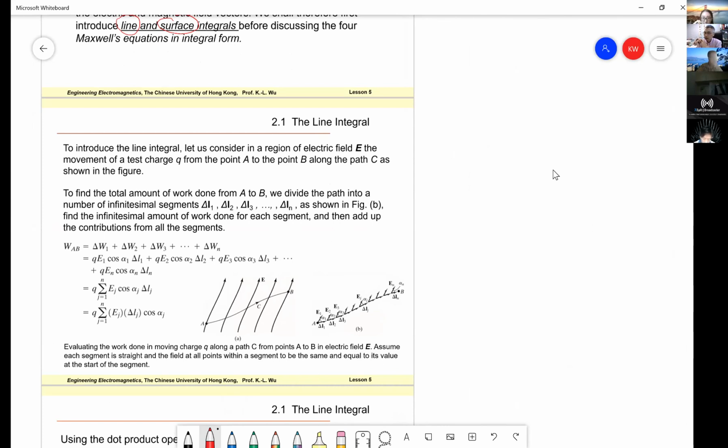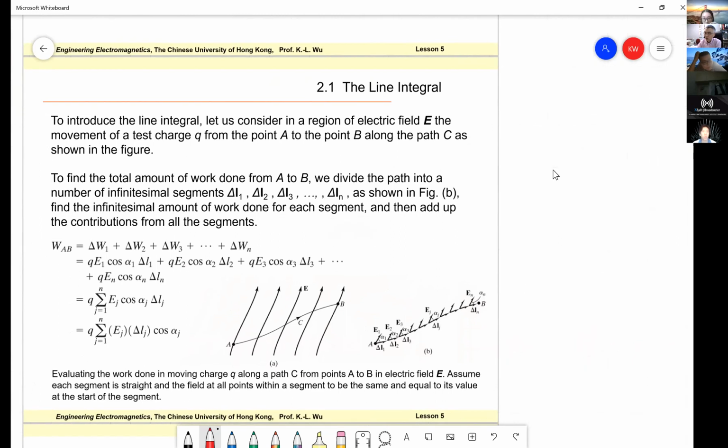So first, what is a line integral? Let's assume we have an electrical field. I use field lines to represent the existence of this electrical field.